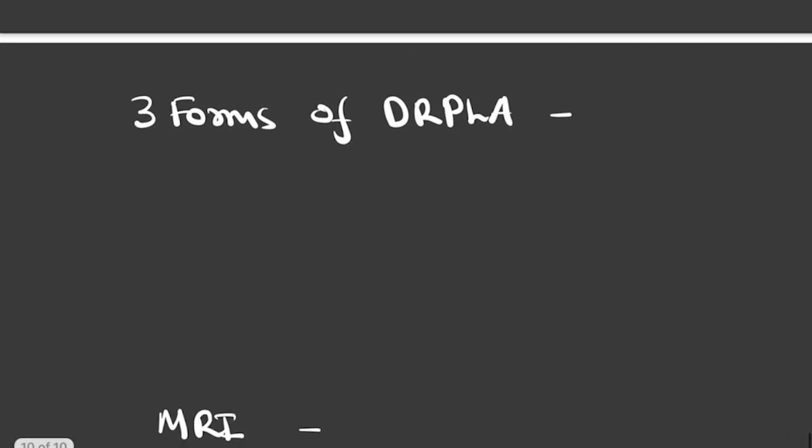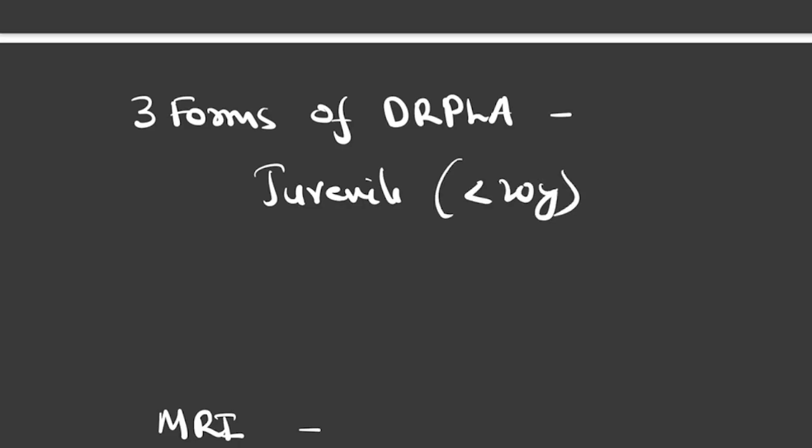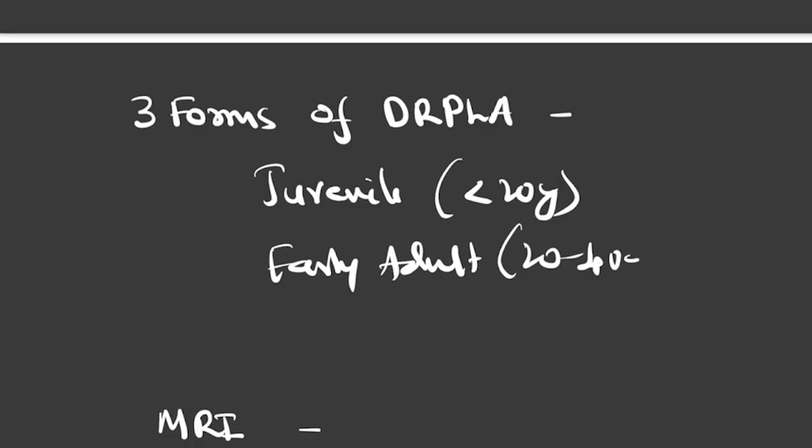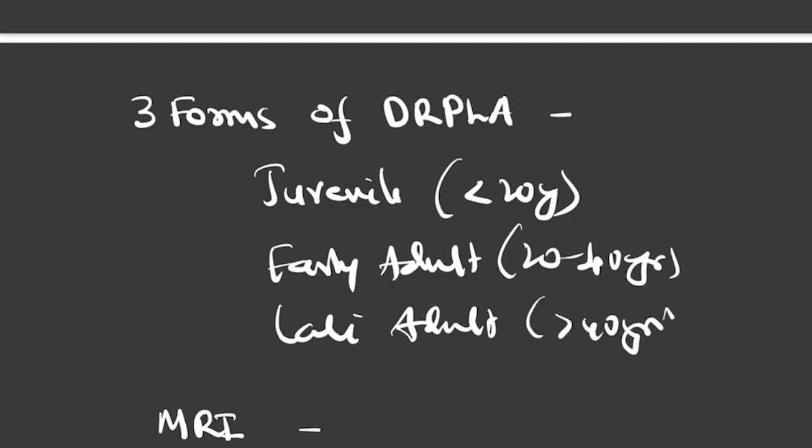So there are 3 forms of DRPLA. One form is called the juvenile form, with onset less than 20 years. Then we have the early adult form, 20 to 40 years of onset. Then the late adult form, more than 40 years.